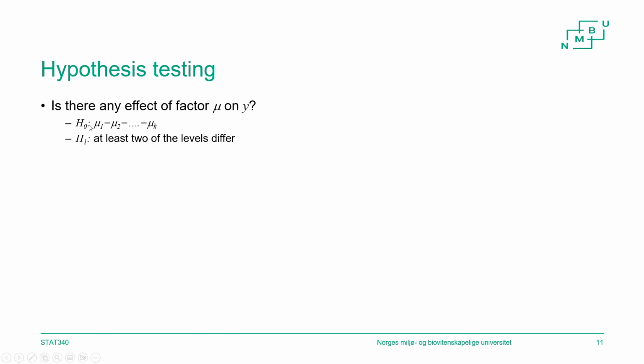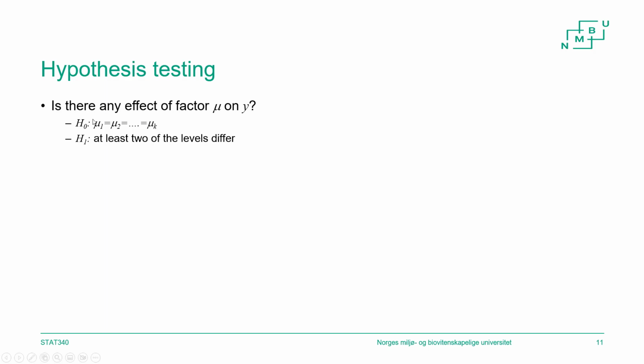So the null hypothesis is actually this rather special one here, saying that the expected value for the first factor level equals the one for the second factor level equals the last factor level. So all are the same, right? It's not like one is 0 or something. The null hypothesis is only that they are all identical, meaning that it doesn't matter if you shift from one factor level to another, the response is the same.